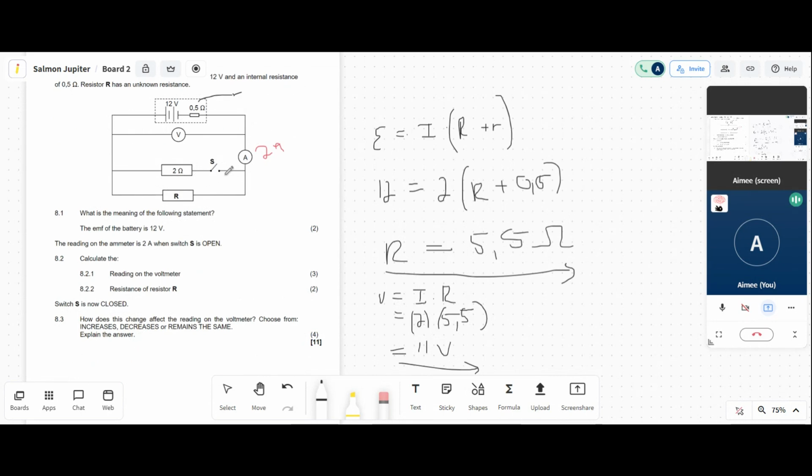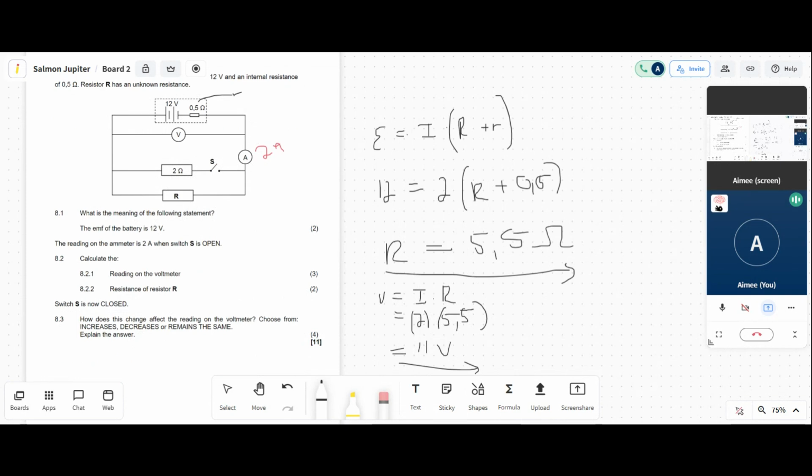Then when I close this switch and make this additional resistor part of my circuit, I'm adding a resistor, but not in series, I'm adding a resistor in parallel. And you always know that total resistance in a parallel circuit will be less than the total resistance of the same resistors in series. So when we add this resistor, we are decreasing the total resistance of the circuit.